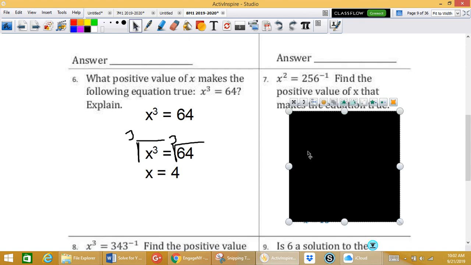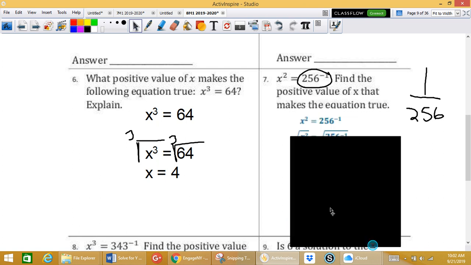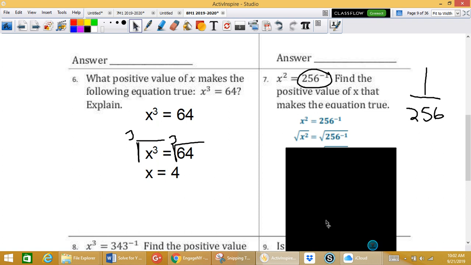We'll get into this one later, but it's kind of fun to do. All this part here means that it's 1 over 256. So x squared equals 1 over 256, find the value of x that makes it true. Okay, so I need to take the square root of both sides.